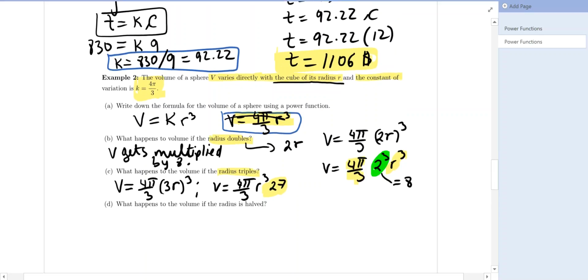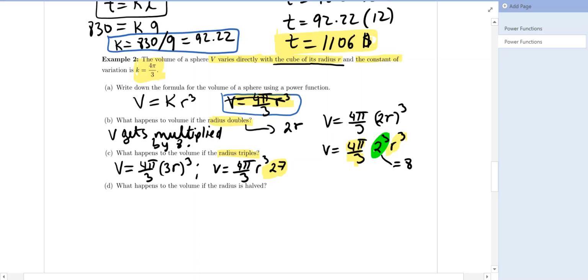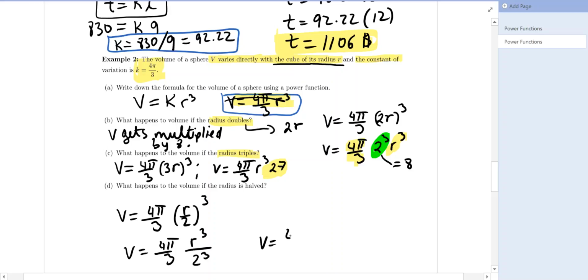What happens to the volume if the radius is halved? Well, now we're going to have 4 pi over 3, and instead of the radius, we'll have radius over 2 because it halved. So V equals 4 pi over 3 times radius cubed over 2 cubed. So the volume is 4/3 pi r cubed, and then this is like 1/8.